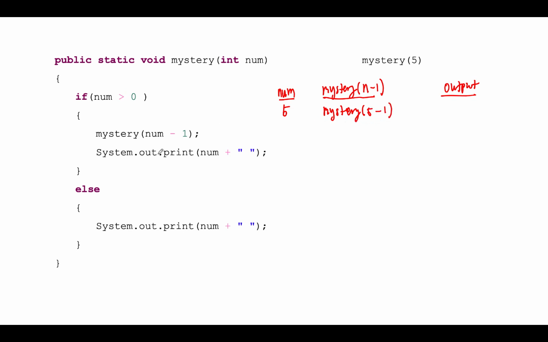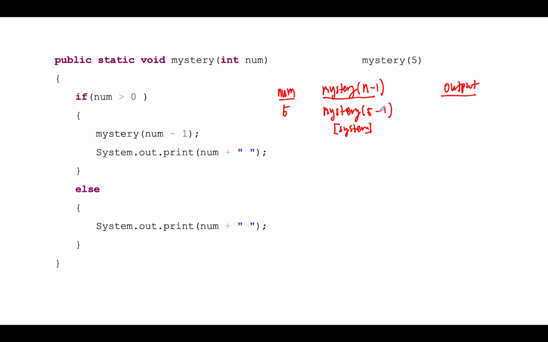That system out print statement below, we don't get to execute now because we're not done with mystery 5 minus 1. So it's going to be put on hold, and I'm just going to use these brackets to indicate that it's on hold. I'll use system print, system for short, to indicate that.